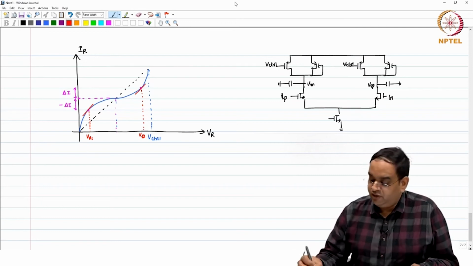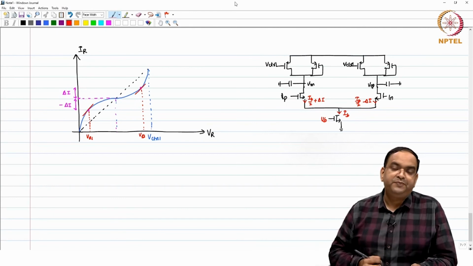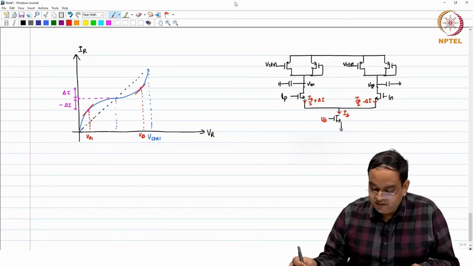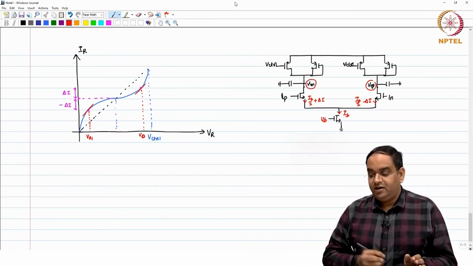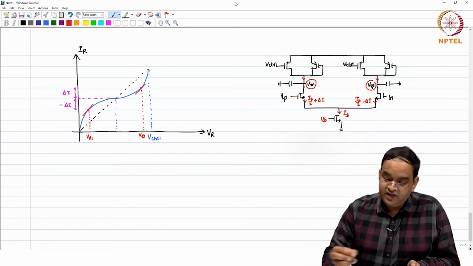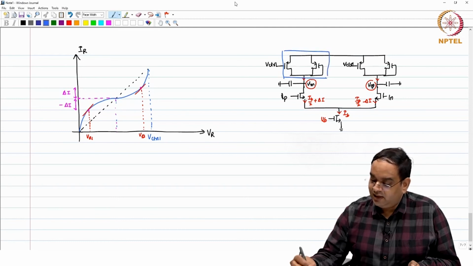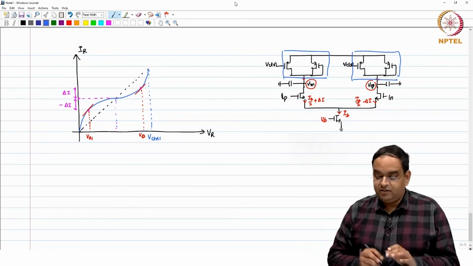So, what we do, this is bias voltage VB, IB. So, at any given time you have IB by 2 plus delta I, and here you are going to have IB by 2 minus delta I, right. So, for these currents, you know that these voltages will be different, okay, and the equivalent resistance of each cell, this cell and this cell, right, depends on the potential VR1 across them.